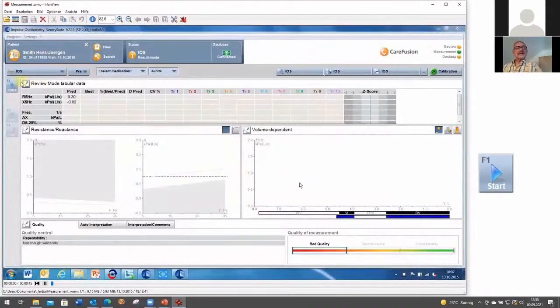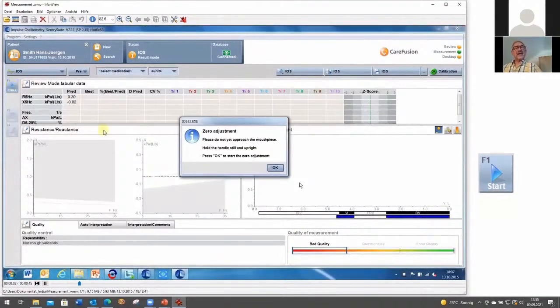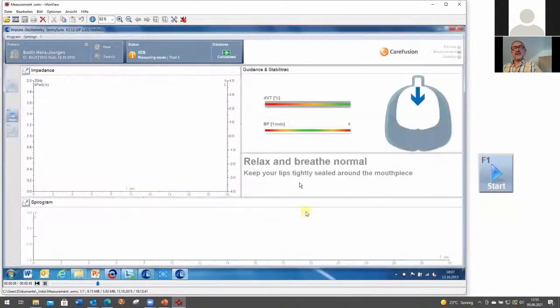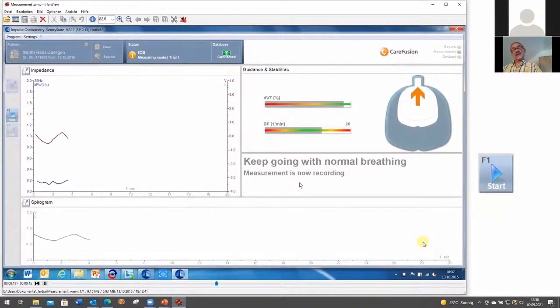You see that I press start, nothing else, and the geo adjustment of the CARE, and you see the patient is now at the measuring head, it's breathing, the breathing is detected by the system automatically, and now the recording takes place for about 20 seconds.